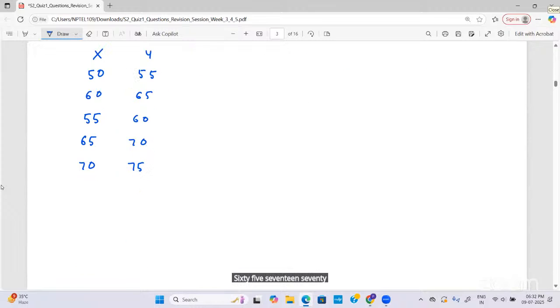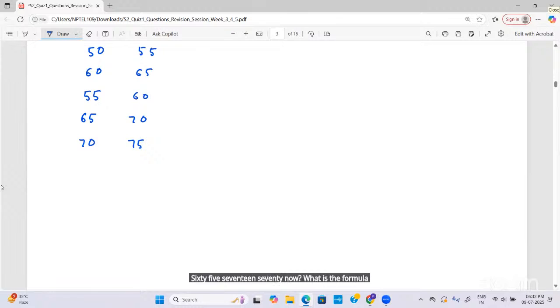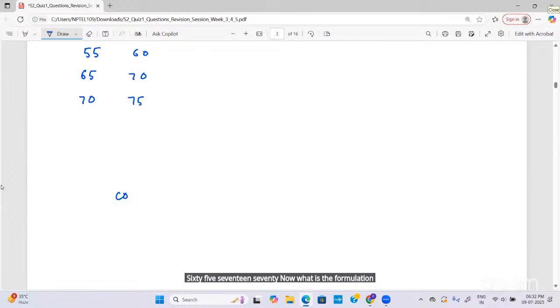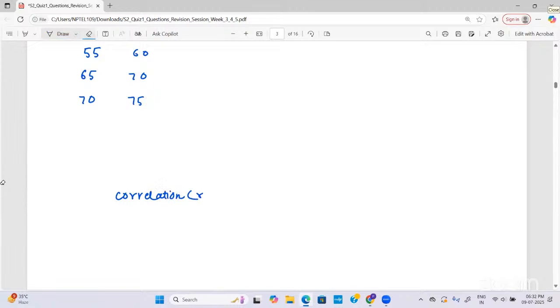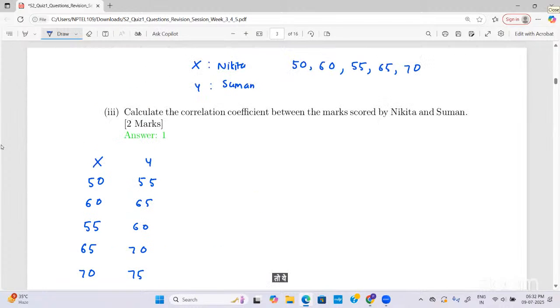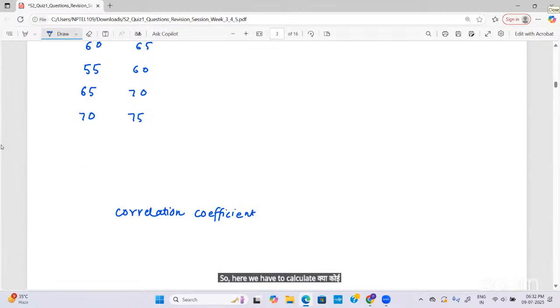Now, what is the formula for correlation? Sigma xi minus x bar into yi minus y bar by n. It's a population, right? So here we have to calculate the correlation coefficient.